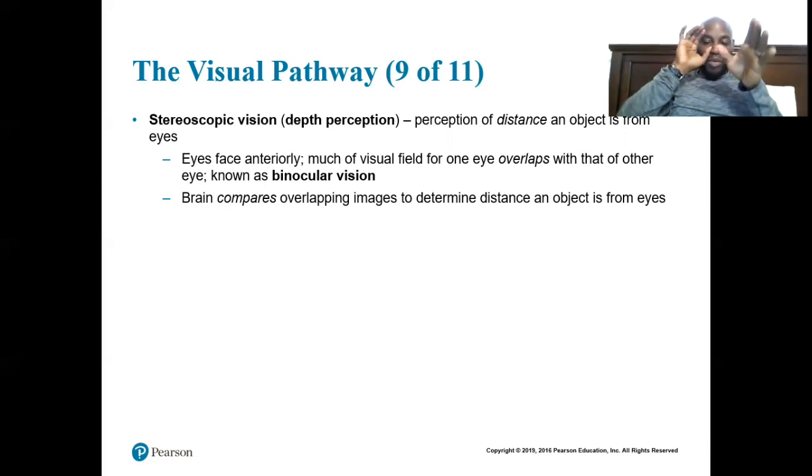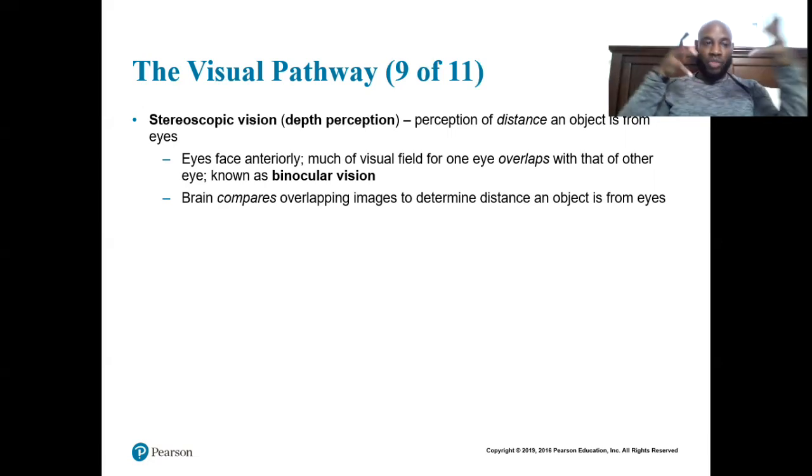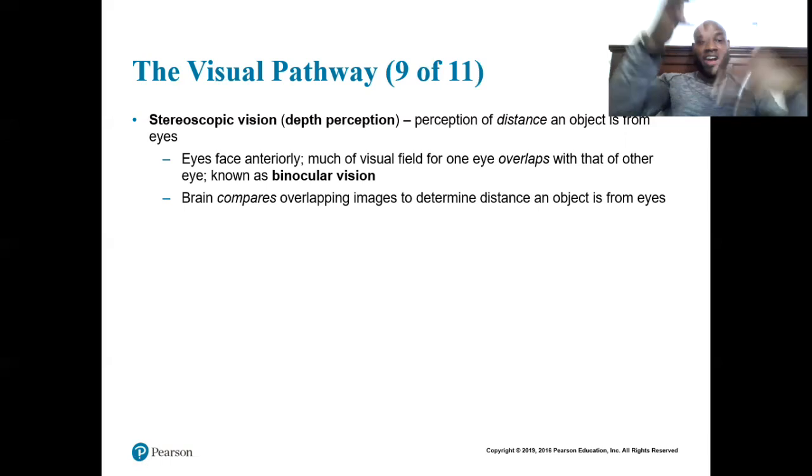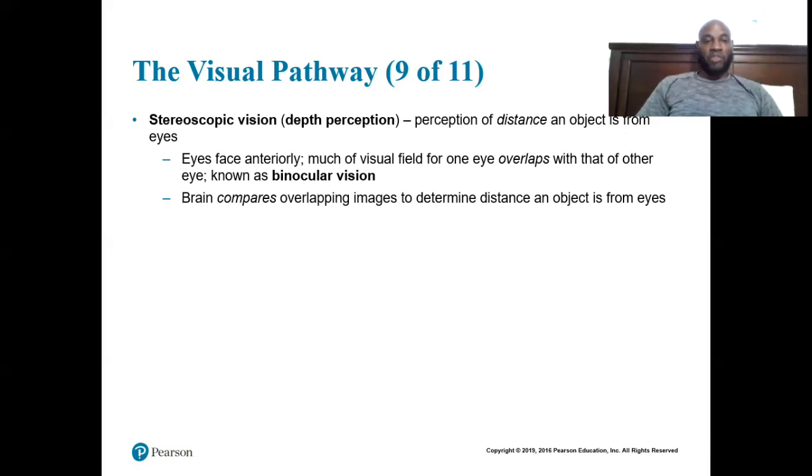So remember I said my right eye doesn't just see the right side, it sees a little bit of the left side and vice versa. So they overlap a bit. So the brain compares overlapping images to determine the distance an object is from the eyes. Using both eyes, your brain can compare that information to tell me how far something is away from me.